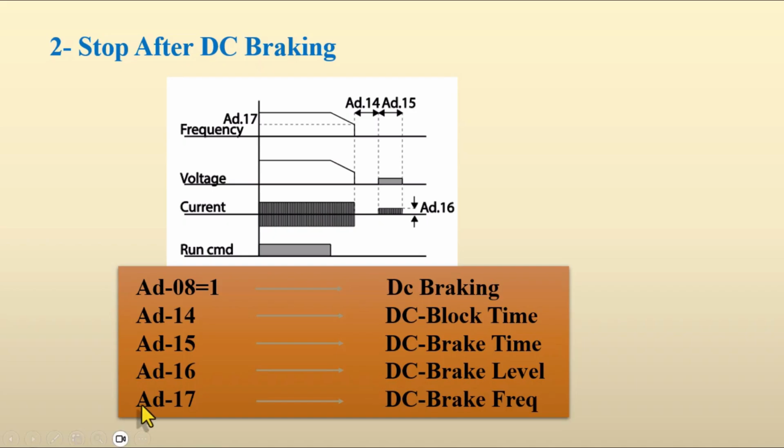And in parameter AD17, you specify the frequency related to the DC brake. For instance, if you have set parameter AD17 to 50 Hz, the inverter at 50 Hz and frequencies below 50 Hz, if you issue a stop command, the inverter immediately locks the motor shaft and your motor stops.